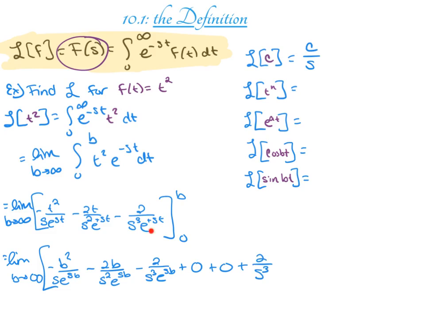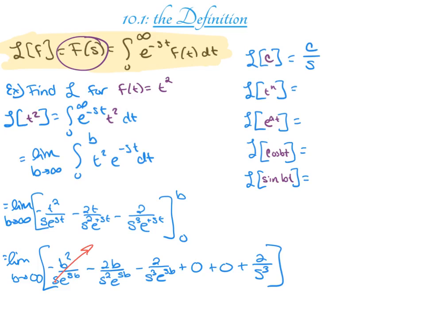When we plug in t equals 0, this last term is the only portion that goes to 1, and everything else is fine. The first two terms go to 0. Okay, limit time. As b goes to infinity, you could use L'Hopital's rule, but a polynomial is far less powerful than an exponential function. And remember, as far as this limit is concerned, the s's are being held constant.